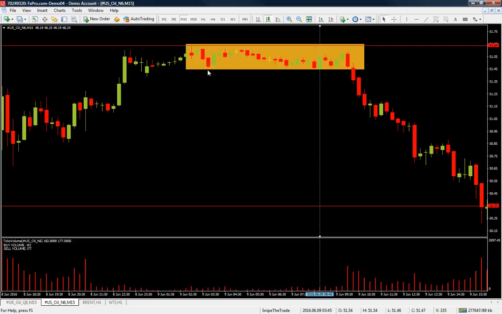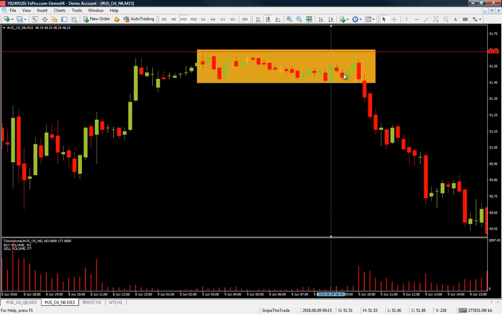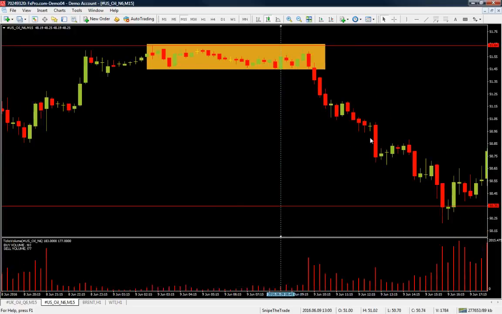And then we tested the lows again and again, and then we went higher. So we were trading inside of this very, very small range for crude oil, and we were waiting for either volume on the buy side or volume on the sell side to break this range.